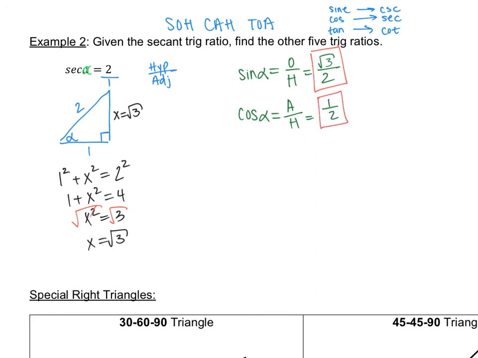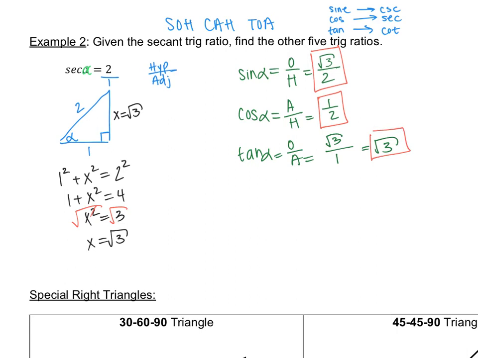Next is going to be tangent. Tangent is toa, or opposite over adjacent. So O over A, where O is square root of 3 and A is 1. In other words, 1 over anything is just itself, so square root of 3. All right, next one.